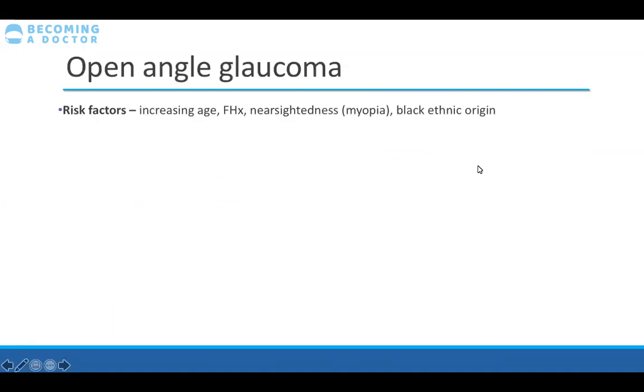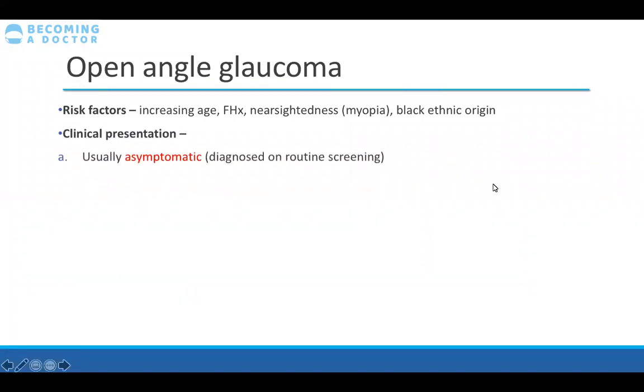So open angle glaucoma risk factors are increasing age, family history, nearsightedness, and Black ethnic origin. Do particularly note the ethnic origin, because when we come to acute closed angle glaucoma, Black ethnic origin is not a risk factor.